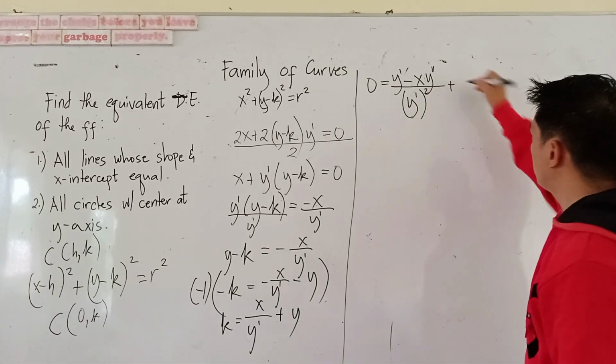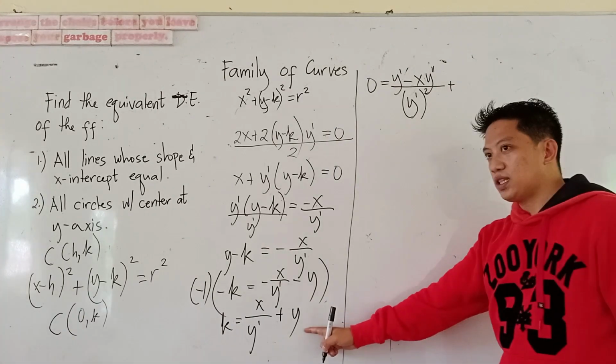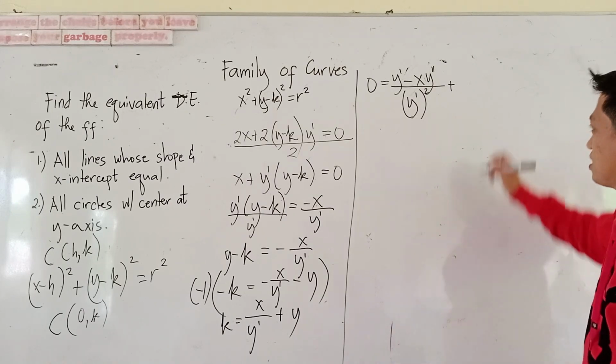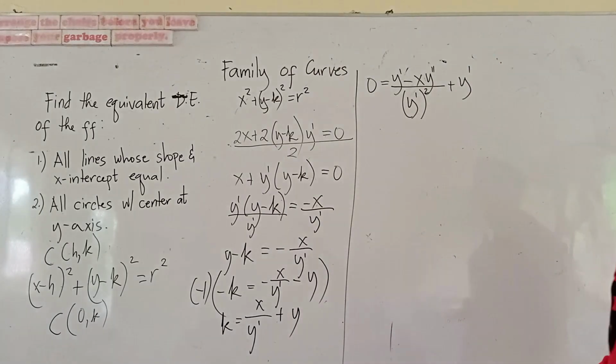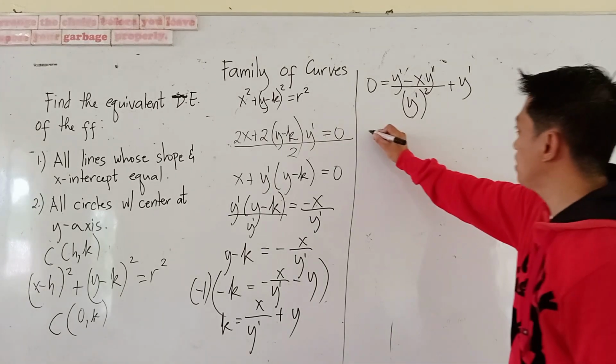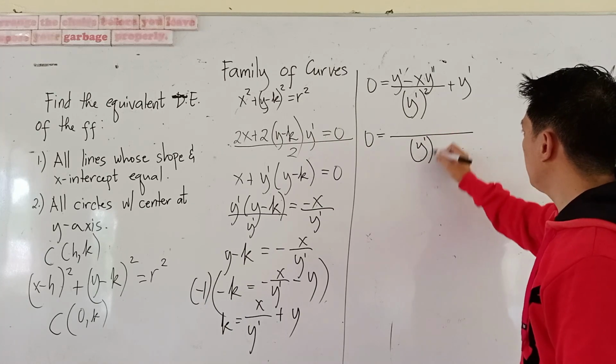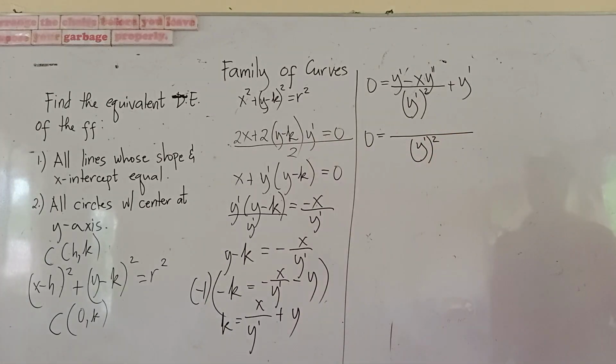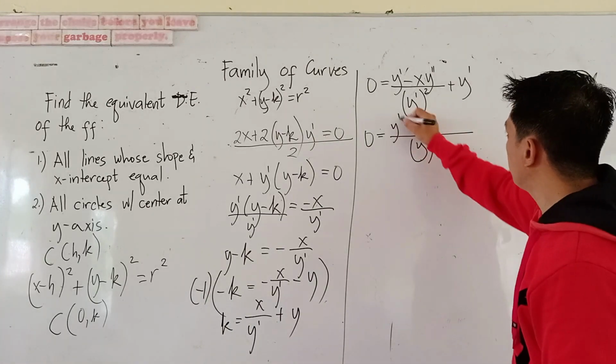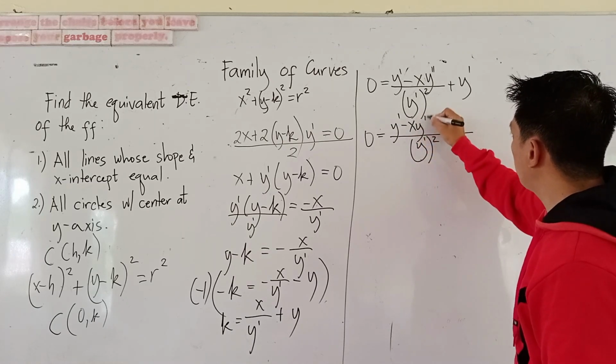Plus, okay, what is the derivative of y? That is y prime. Okay. So simplifying, we have 0 plus, kunin natin yung LCD. It's y prime quantity squared. This is y prime minus x y double prime.